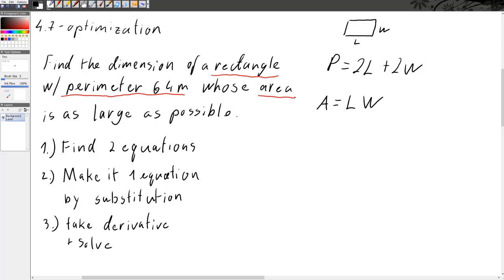We want to find when is the derivative of the area equal to 0. Why?